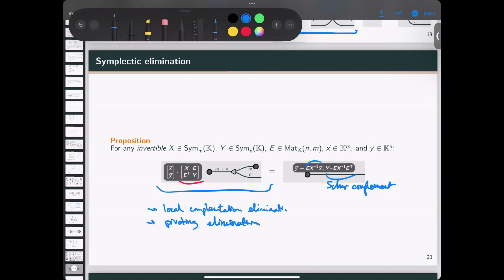That is, if you're careful about how you choose these matrices X, E, and the vectors X and Y, depending on the choice you make, you get a rule which is completely equivalent to local complementation elimination and a rule which is completely equivalent to pivoting elimination. Which is actually a bit of a surprise to me. I wasn't really expecting to come up with such a clean thing to replace both of these operations, which seem to be really important both for completeness and for simplification algorithms in the normal quantum ZX calculus.